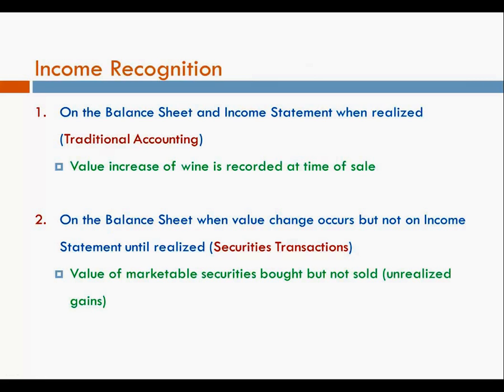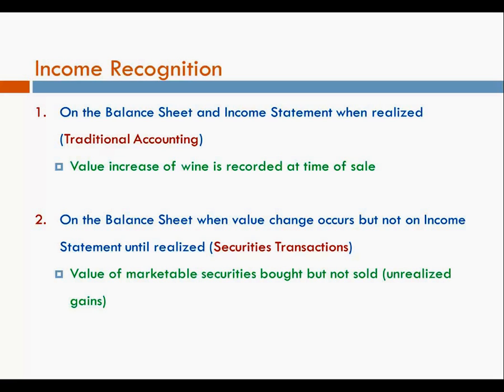Now, in traditional accounting, income recognition, you record value on the income statement and the balance sheet when value is realized. Let's say you produce wine. The grapes are not worth much until they've matured into good wine, and that wine has value.